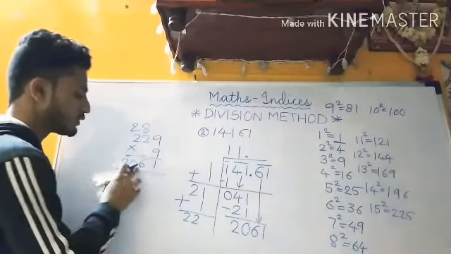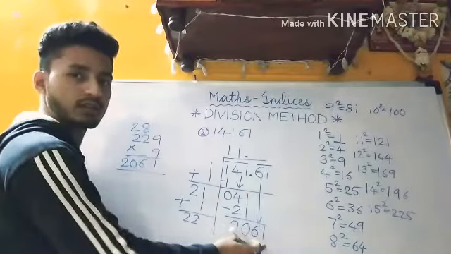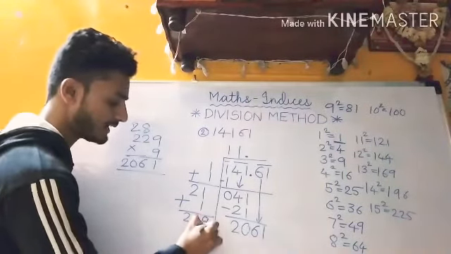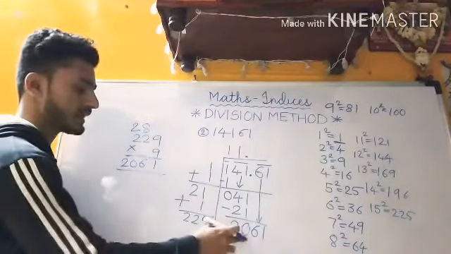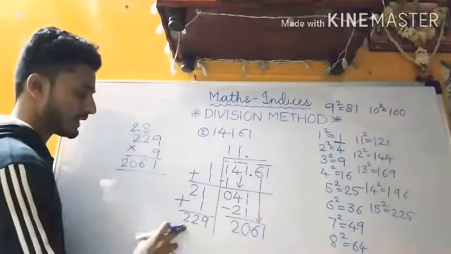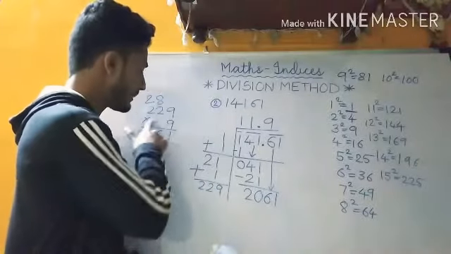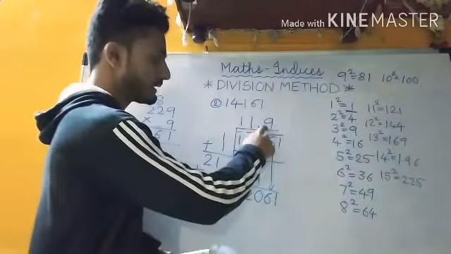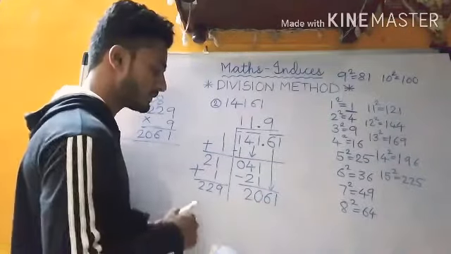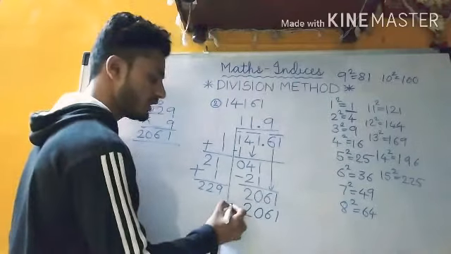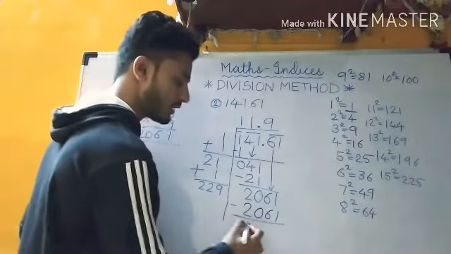So if you check 2061, when I add 9 here and multiply with 9, then I get this answer. So 229 multiplied by 9 gives us the answer 2061.